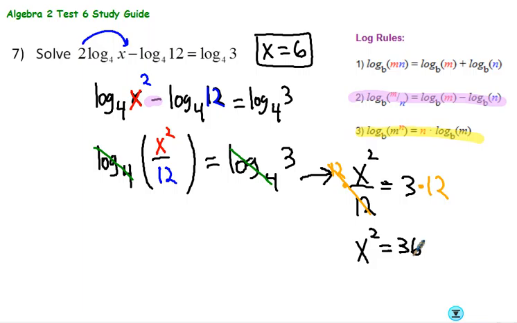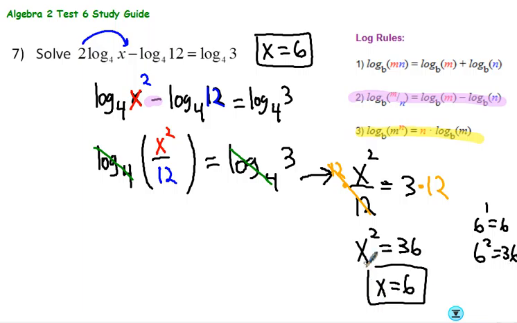What this is saying is, what number squared would give you 36? Well, x would equal 6, because 6 to the first power is 6 and 6 squared is 36. So you get x equals 6. Alright, so go ahead and pause now. Try number 7 on the right side.